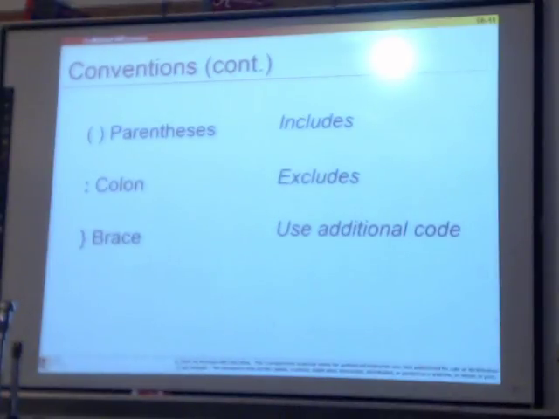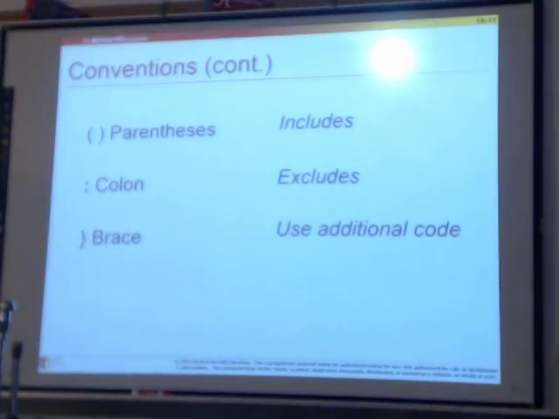If there are words in parentheses, it's going to mean that it includes all of those things. So if it is hypertension, essential hypertension, it's going to tell you that in parentheses it has a list, then it's going to include all of those things. But then it may have a colon after that that says excludes hypertension related to renal failure.